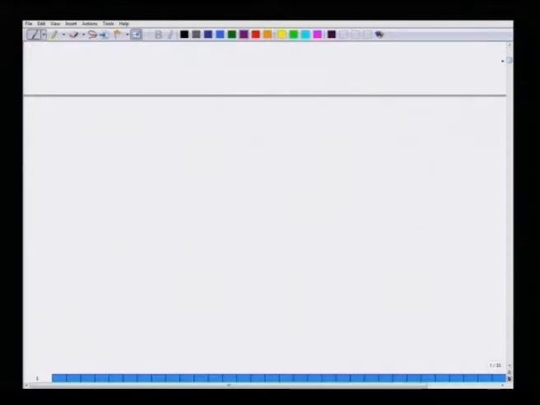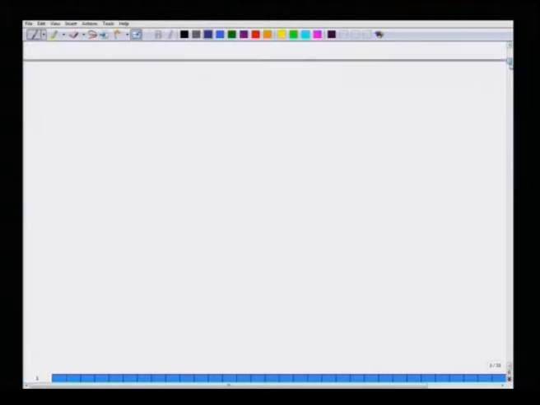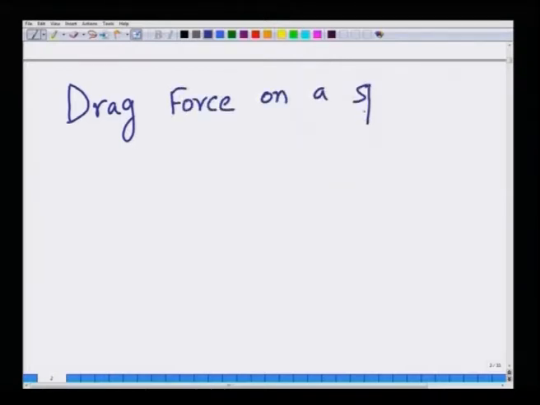Now, I am going to illustrate this for the special case of drag force on a sphere. We already found out what are the relevant variables.